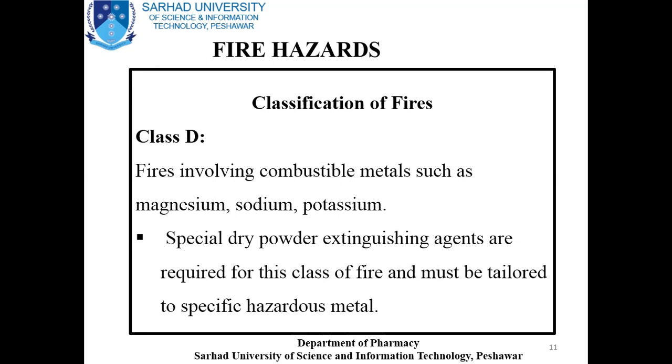The fourth class of fire is named Class D. These are fires involving combustible metals such as magnesium, sodium, and potassium, which are ignited, and due to the combustible metal the fire occurs in the pharmaceutical industry.